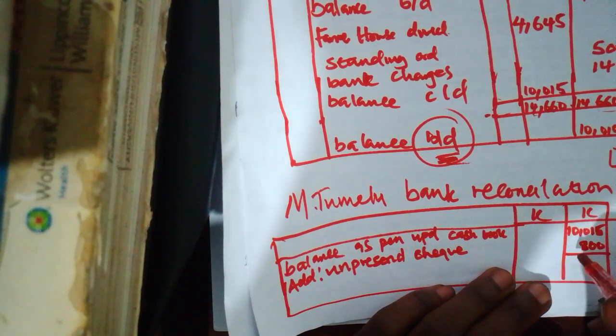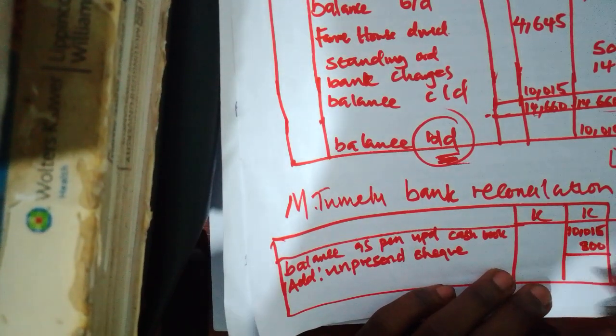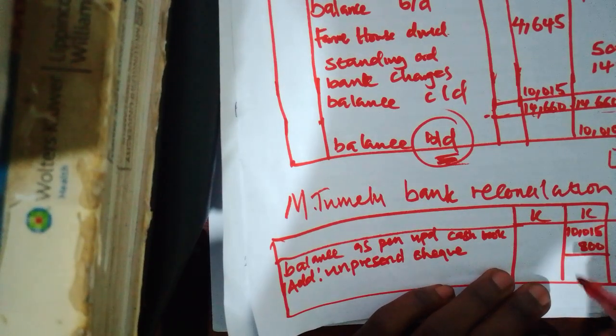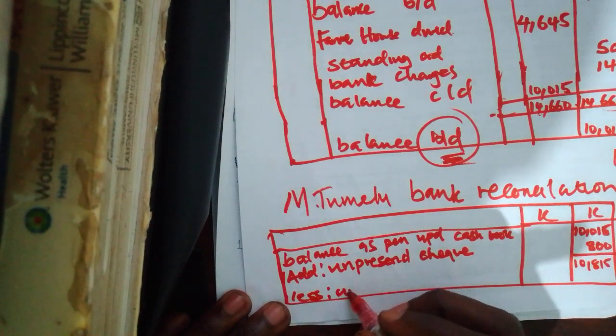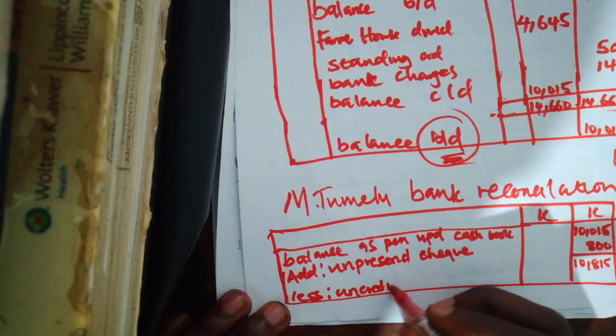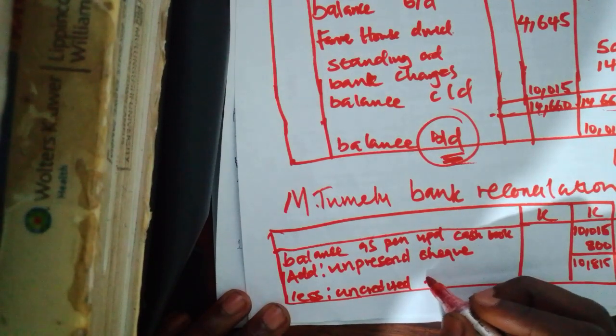If you add, you get 10,815. Then this you say less uncredited checks.